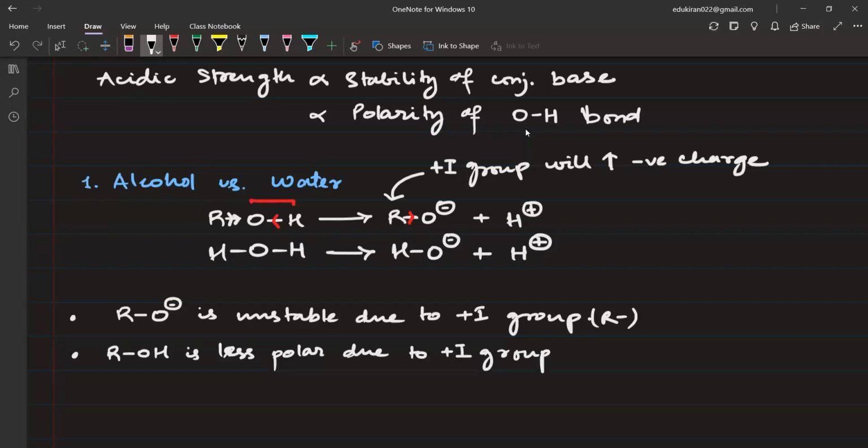Plus I group R. And because of both these cases, I can say that alcohol is less acidic than water. Okay, alcohol is less acidic than water. All of you understood this? Yes or no? Please tell me. Yes, sir.